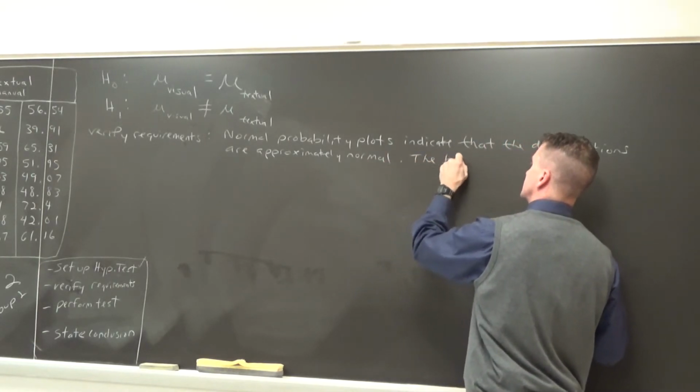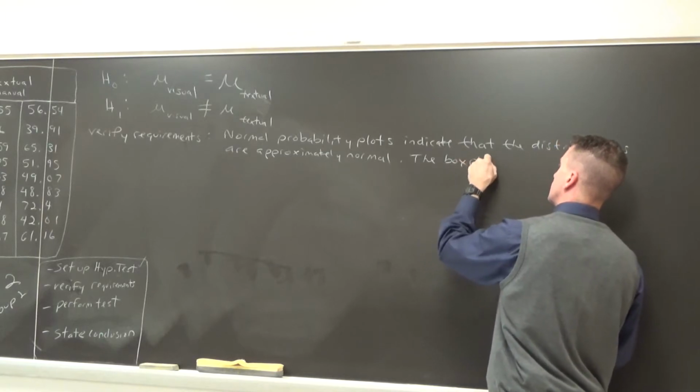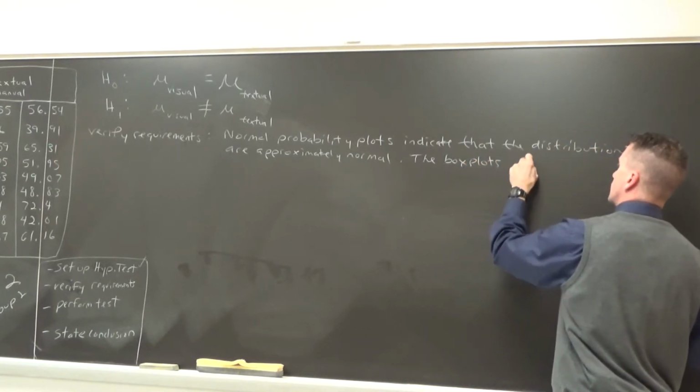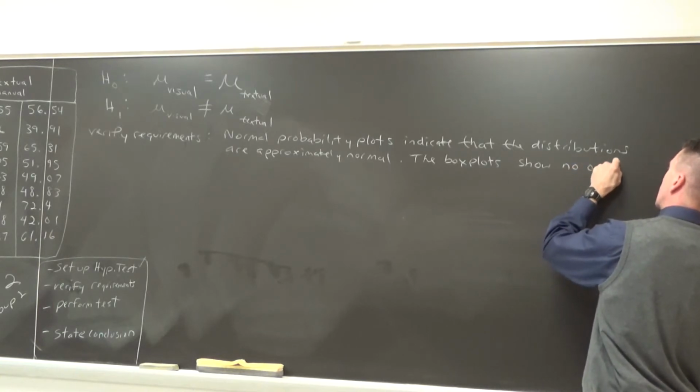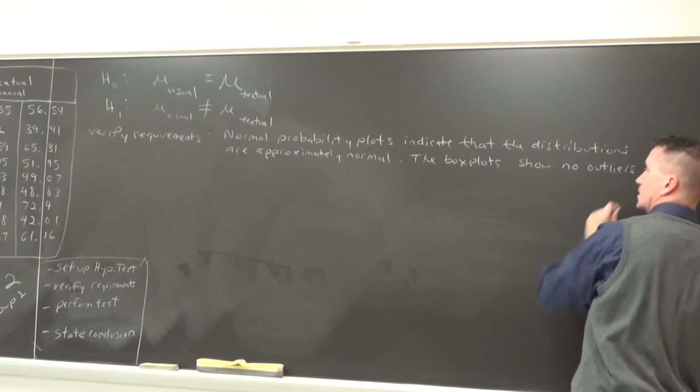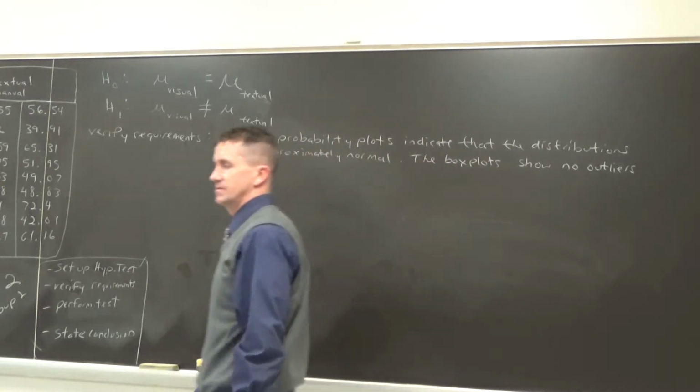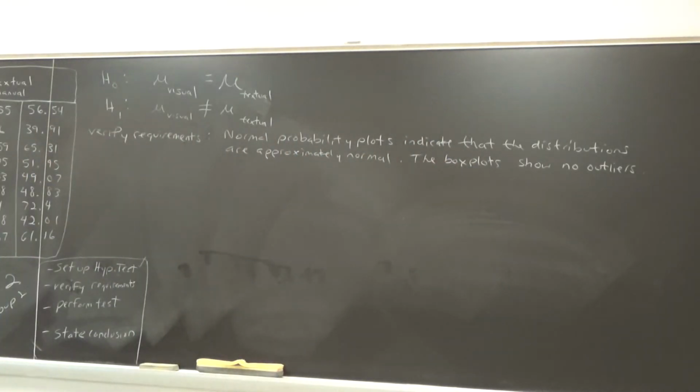The box plots for both groups show no outliers. So we're good to go. We're ready to roll with this. We can now use the t-distribution, everyone.